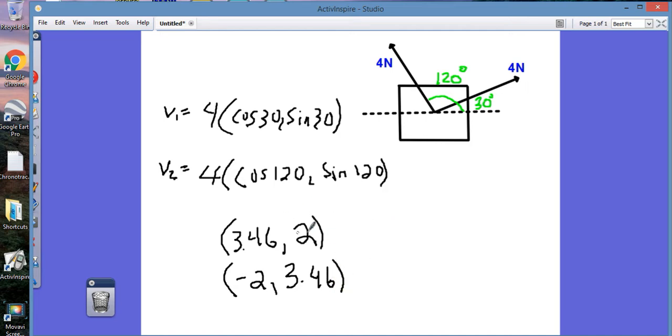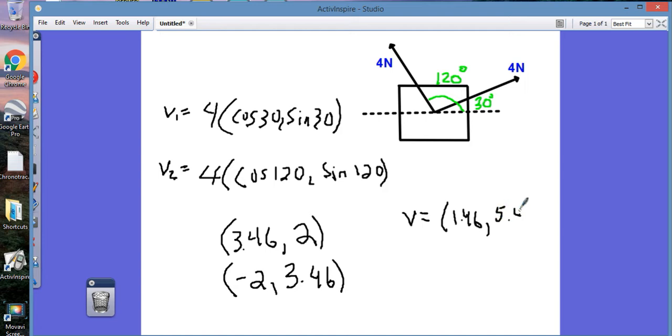Okay, now you're going to create a resultant vector, meaning these two in combination. So just add your x's, and add your y's. That's an easy calculation: 1.46 and 5.46.